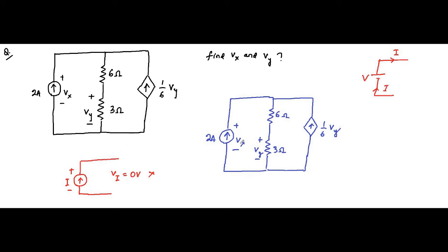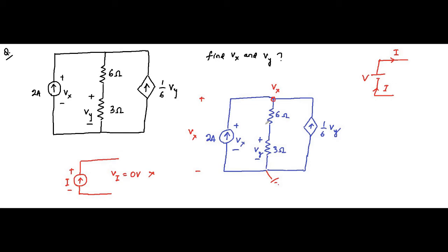So here the voltage across this 2 ampere current source is Vx. So this voltage is equal to Vx between this point and ground. So technically the voltage at this node is also Vx. That is very important to recognize here.